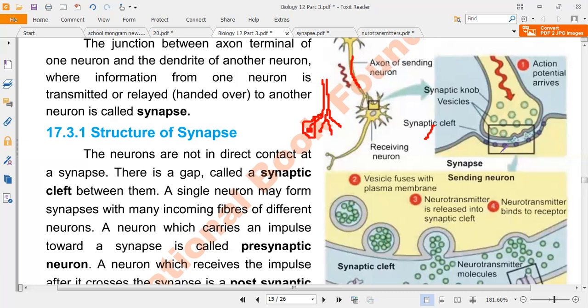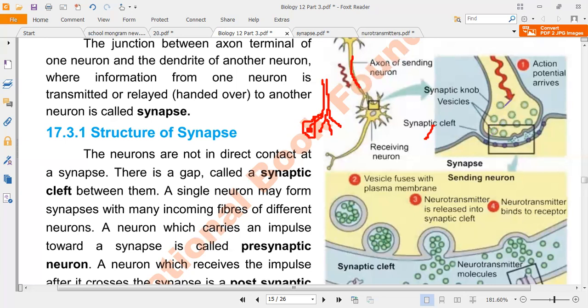Okay, let's talk about its mechanism. That is step number one. When the action potential goes through the axon, it reaches the synaptic knob of the axon terminal. There are lots of vesicles formed by the cell of the neuron itself.